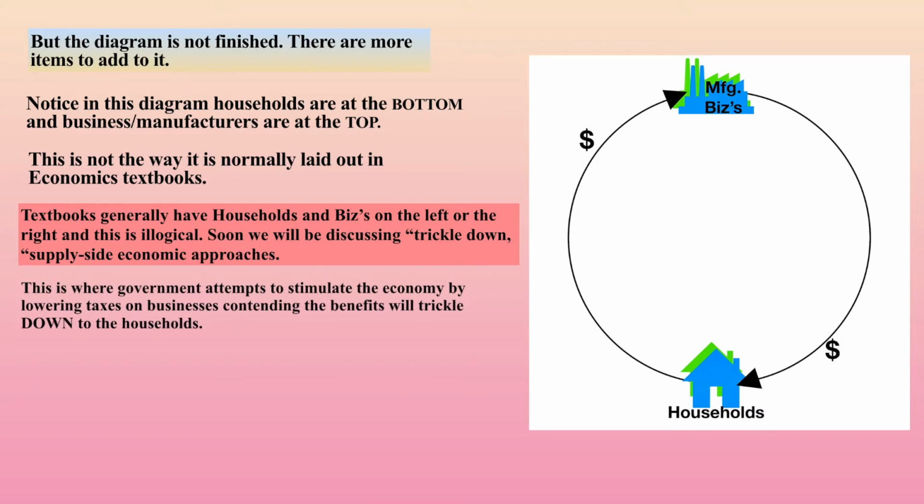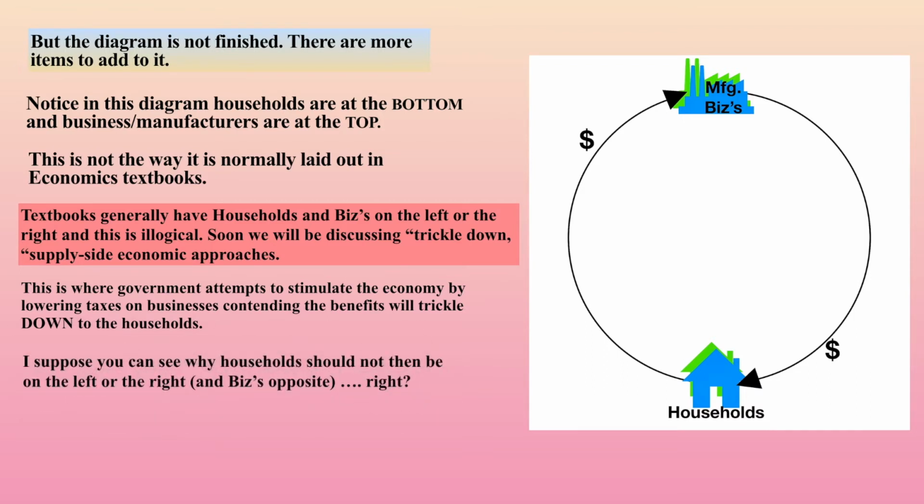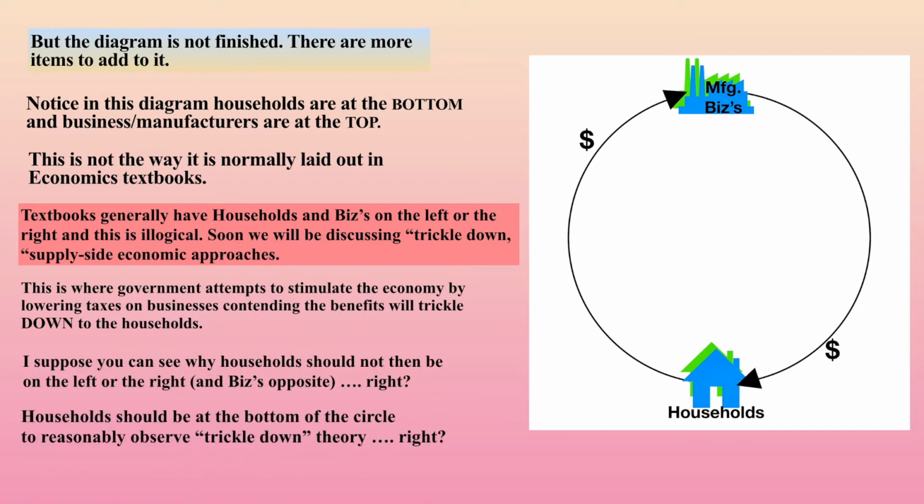This is where the government attempts to stimulate the economy by lowering taxes on business, contending the benefits will trickle down to the households. I suppose you can see why households should not then be on the left or the right and businesses opposite, right? Households need to be at the bottom if we're going to discuss trickle-down economics. So this is why I feel it is more rational and logical to have the diagram this way. Feel free to take a moment to think it over.